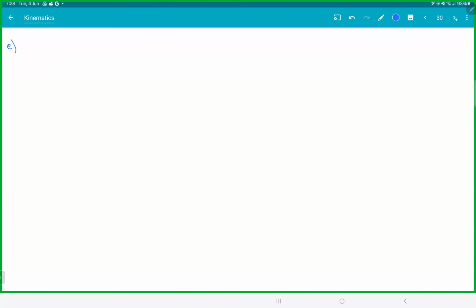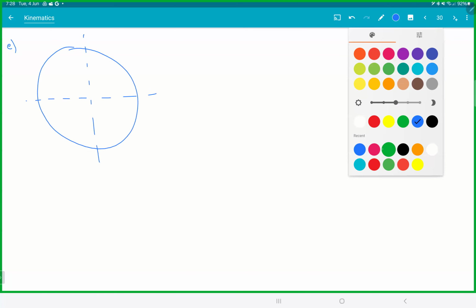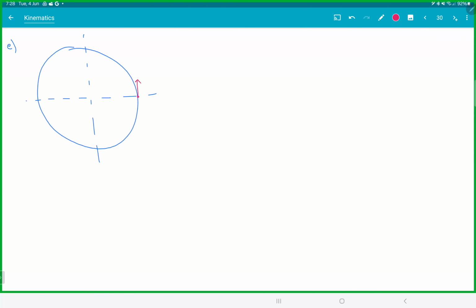So what is V initial? Again, try to say this. Initially you're here, going up. So the initial vector has magnitude u, and you're going up: u j cap. V final, you're somewhere here.